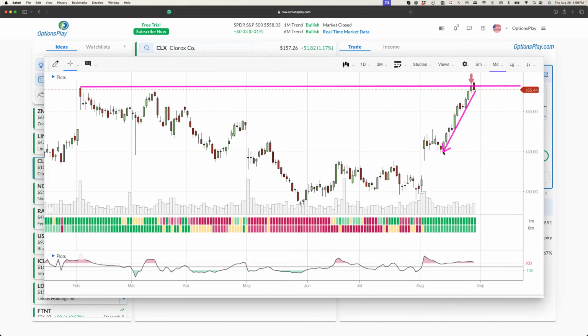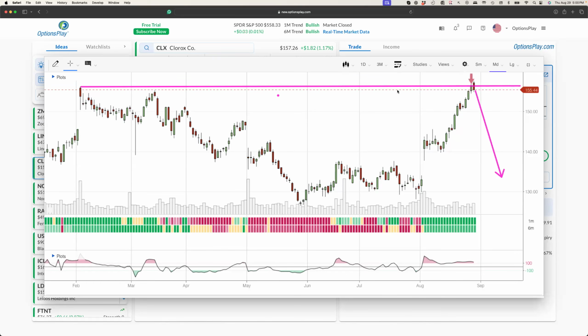Just to get back to this initial rally here, that's down to $140. To fill this gap here, that's about another $7 or so. So you're looking at about $22, $23 in downside target. So $15 on the conservative side, $22 on kind of extended targets. How much am I risking to try to make that $15 to $22?